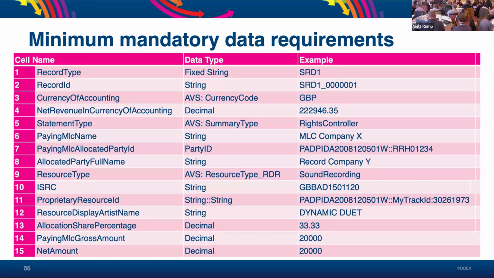You then get to be the paying music licensing company, because you are sending that revenue report to the rights controller. You are sending it to somebody, which is record company Y in that instance.